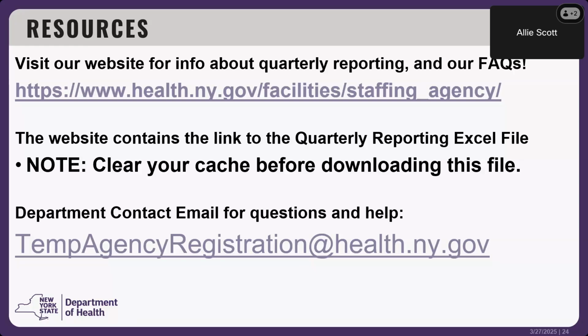One thing I have observed in the past is that when someone's cache is full and they try to download the latest version of this file, they still retain the old version of the file when they open it. So if you are having trouble downloading this file, try clearing out your cache or asking someone for some IT assistance.